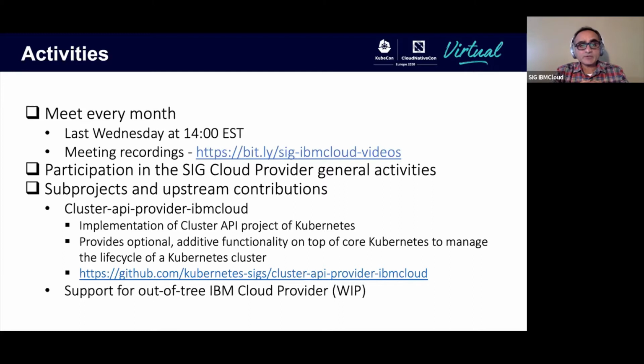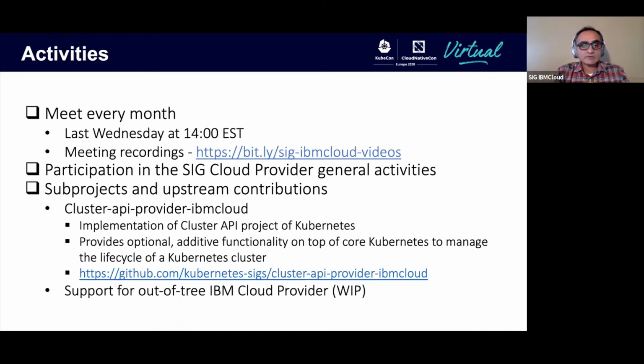If you're in a different time zone and could not attend those meetings, we record all those meetings and they are made available on the Kubernetes channel, so you can watch all the videos there. The SIG also participates in the Provider IBM Cloud sub-project, which is part of the SIG Cloud Provider. So obviously we participate in the SIG activities there.